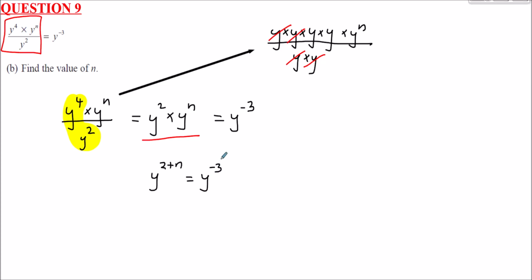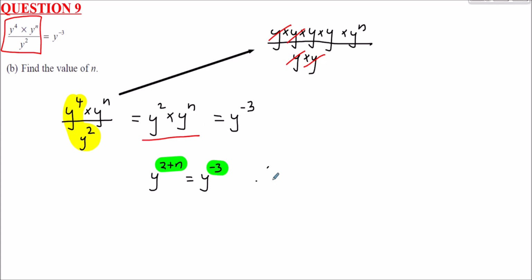Let's just inspect this and think about it before we proceed. So we have one side equal to the other side. Both the bases are the same, y under y. So if one side is equal to the other and the bases are equal, that can only be the case if the powers are also equal. So therefore, from this we can deduce that 2 plus n must equal negative 3.